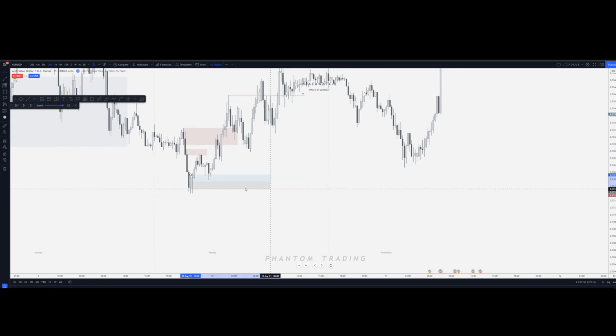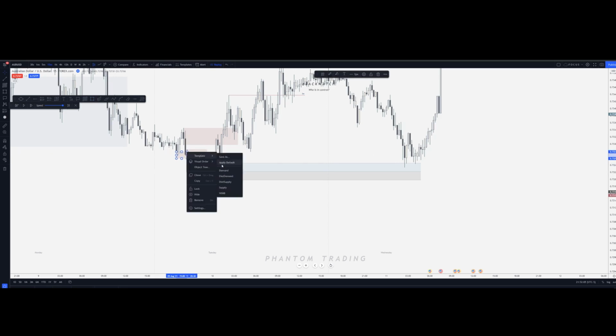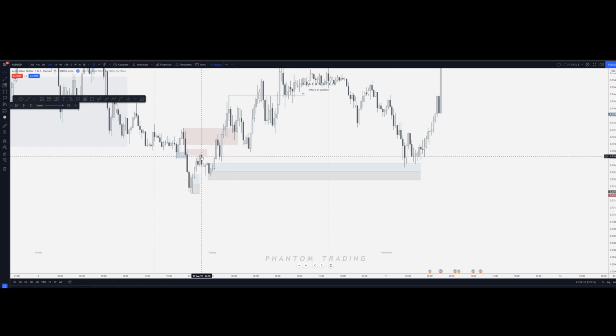Okay, yeah. So that's what price came into. Price came into this guy right there. Right, buy to sell wicks. This was a reaction to this demand here. Price reacted, right? Price attempted to push up. This big sell candle ended up sweeping out that wick there and this wick right here.